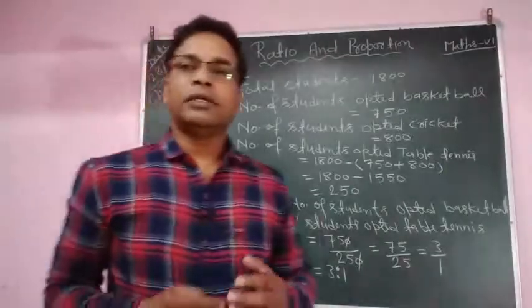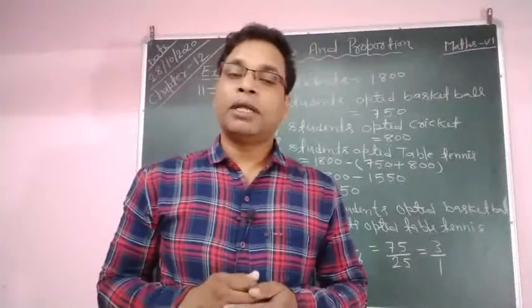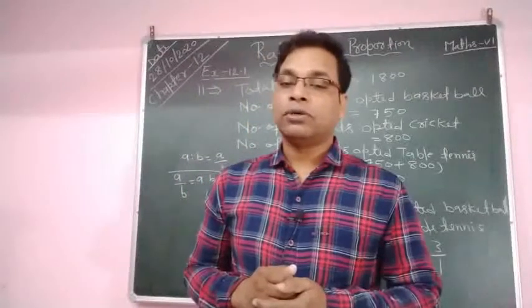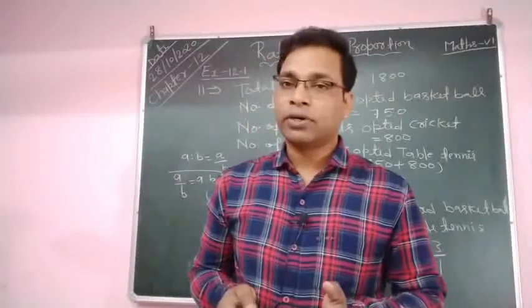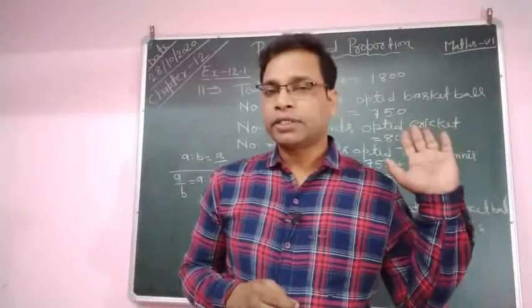And the B part of this question is that we need to find the ratio of the number of students who opted for cricket to the number of students who opted for basketball. How many students opted for cricket?